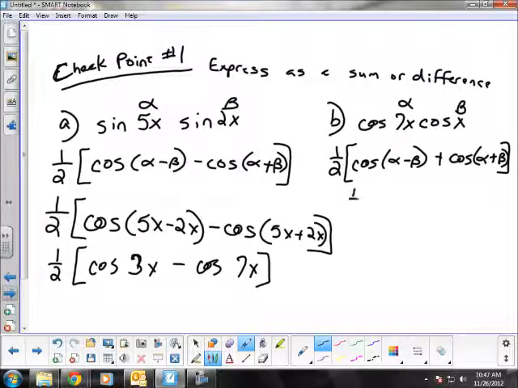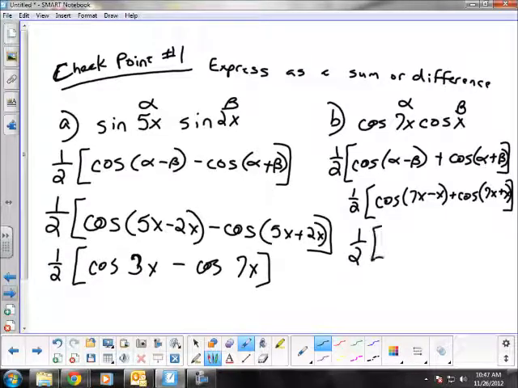So that becomes 1/2 times the cosine of 7x minus x plus the cosine of 7x plus x. That simplifies into 1/2 times the cosine of 6x plus the cosine of 8x.